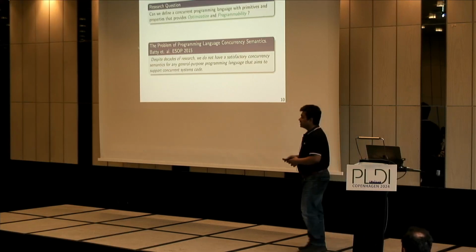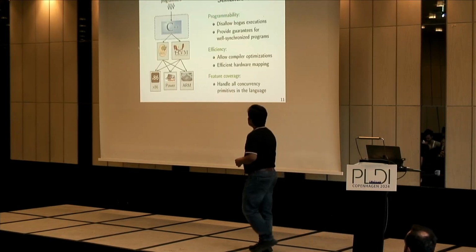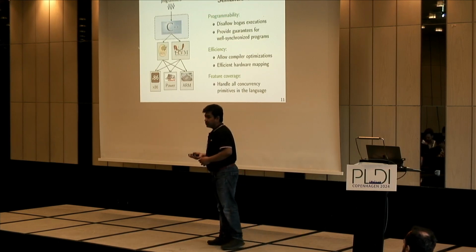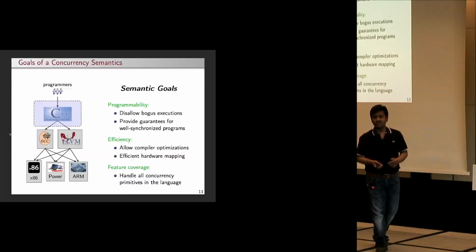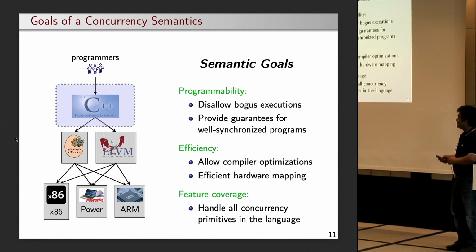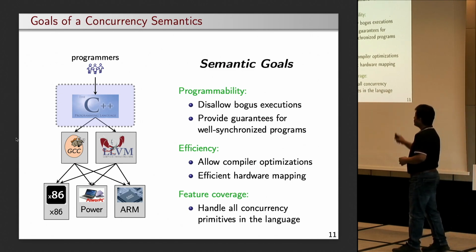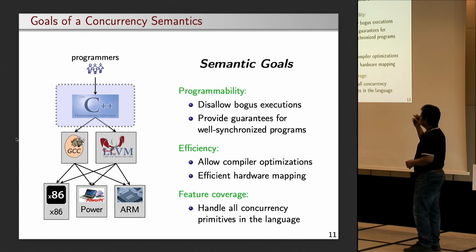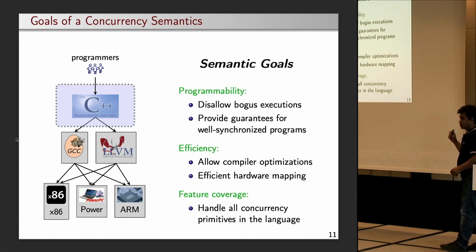Okay? So let's see. Before defining a programming model or a concurrency semantics for programming languages, we should understand what goals we have for defining such a model. We set some goals for programmability, efficiency, and feature coverage.